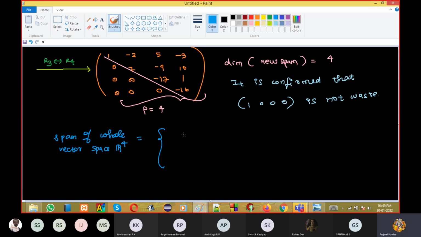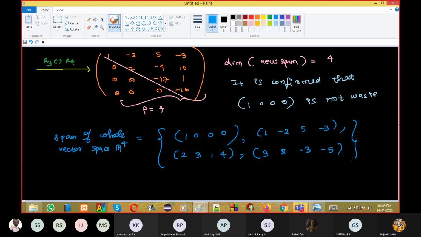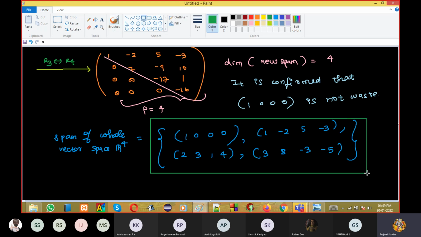You can take 1 0 0 0, and the 3 vectors given in the question: 1, minus 2, 5, minus 3; 2, 3, 1, 4; and 3, 8, minus 3, minus 5. These vectors will span the whole space. So you are just adding one vector and extending it, but you have to ensure that the vector you are adding is not a waste vector. So these vectors span the whole R to the power 4.